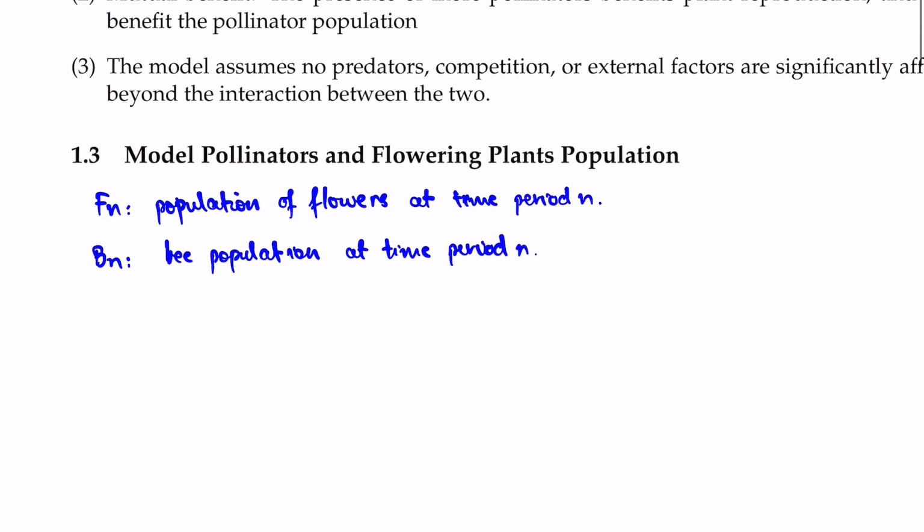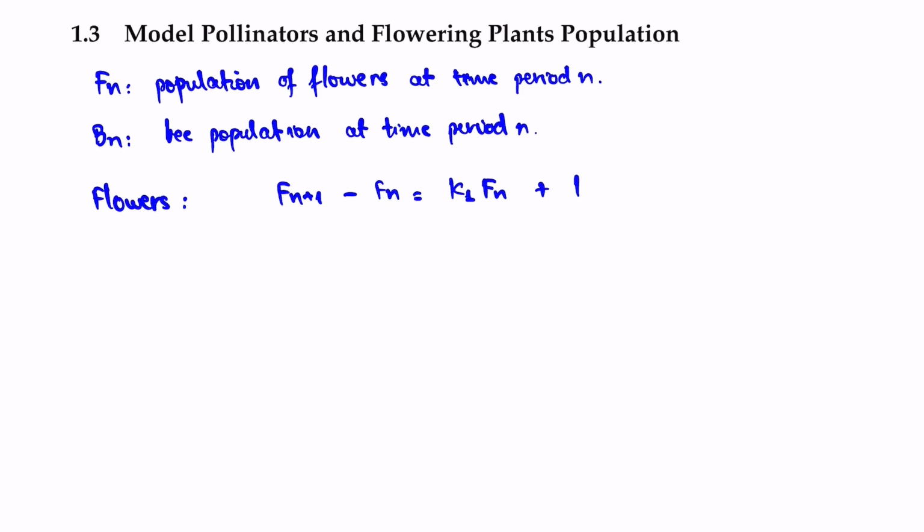That is in the population of flowers. You have F sub n plus 1 minus F sub n equal to k1 times F sub n. Right, without the presence of the other population, without the presence of the bee population, the flower population is assumed to increase exponentially using this model. These are different equations that we have seen many times already. Now, in the presence of the bee population, you're going to have plus, let me use alpha, alpha times F sub n times B sub n.